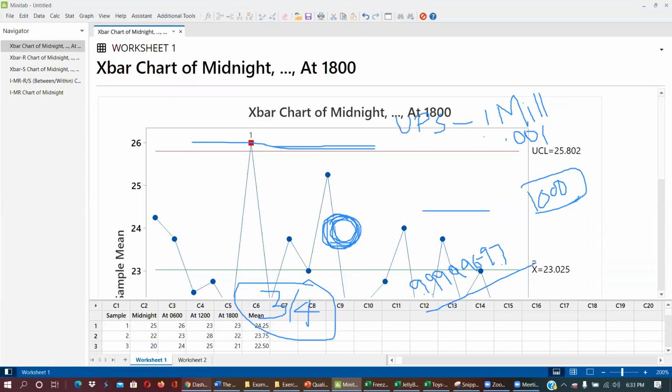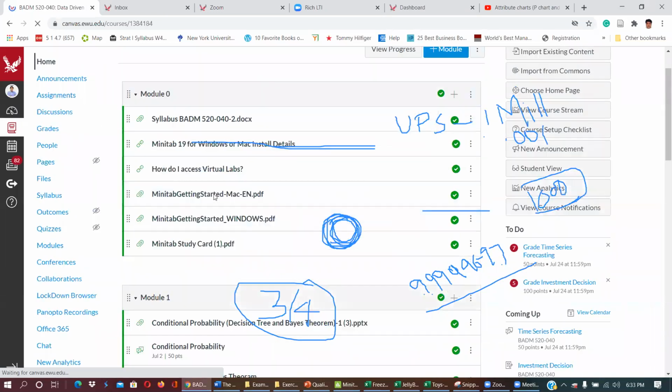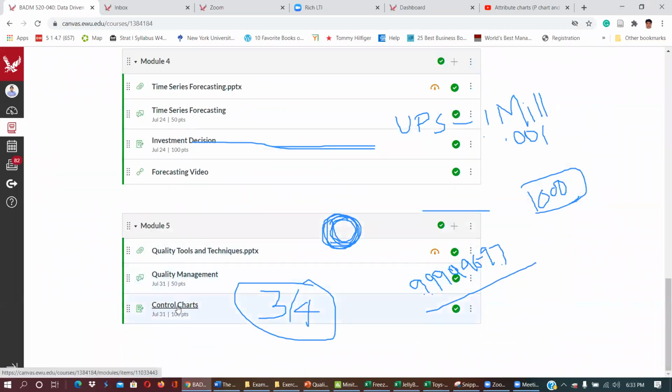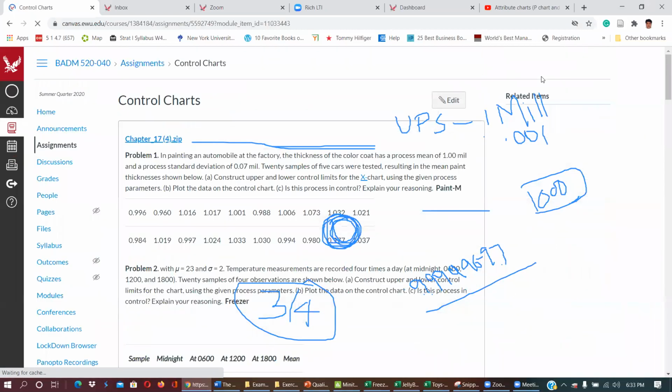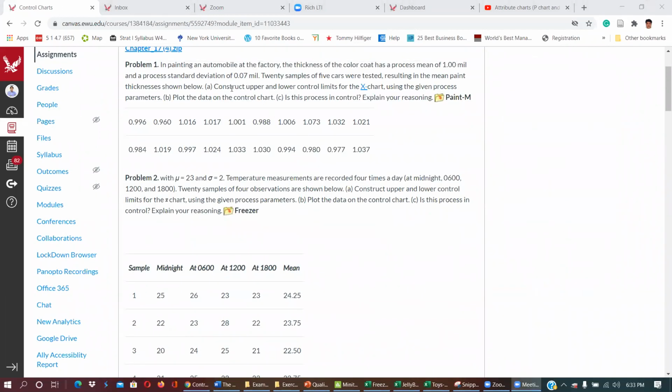There are 4 questions. Let me go through this, and you can always ask questions. So basically it clearly gives the X chart.